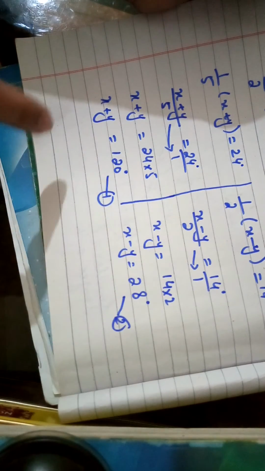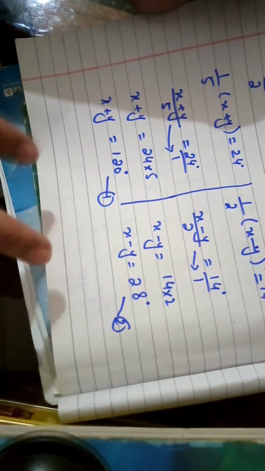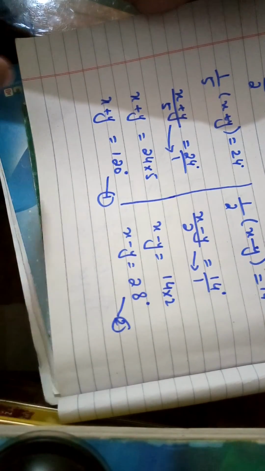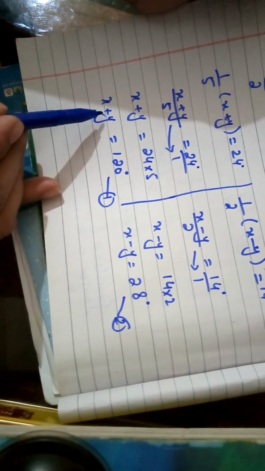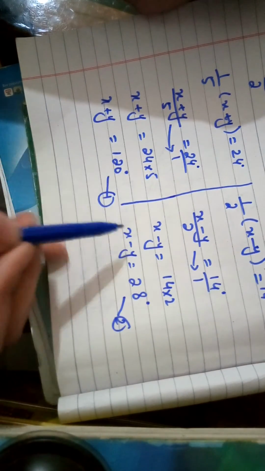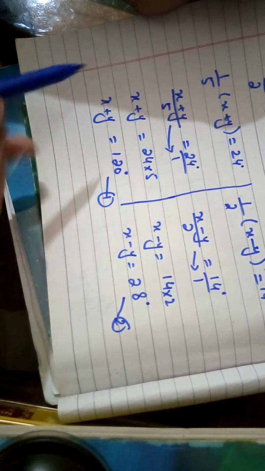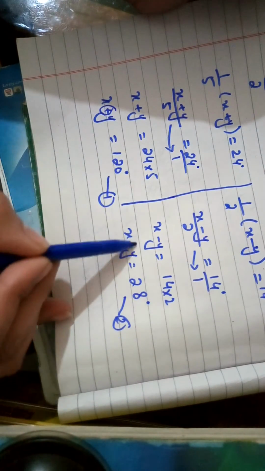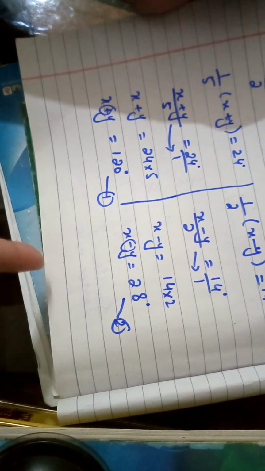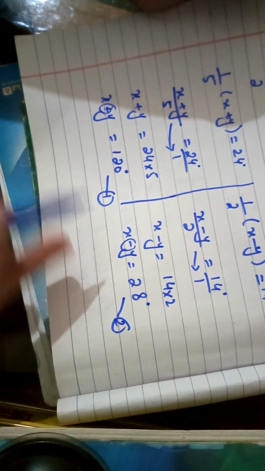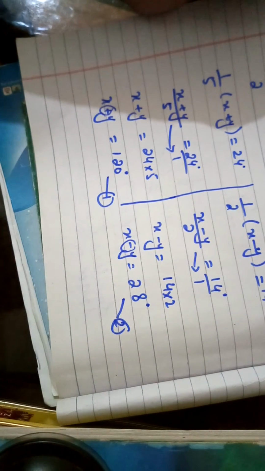In the first part of the lecture, we had variables with the same sign. When the variables have the same sign, minus minus or plus plus, we will subtract the equations. And whenever there is an opposite sign with the variable which you want to eliminate, in that case you just add the equations.